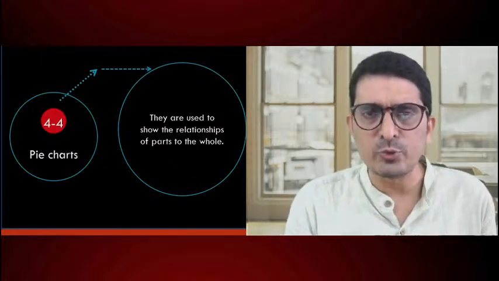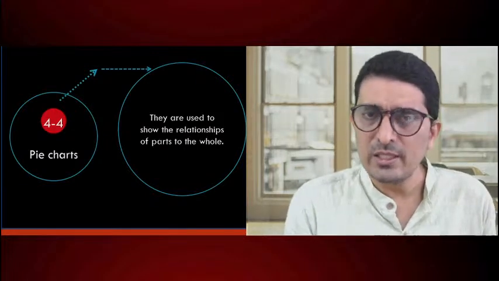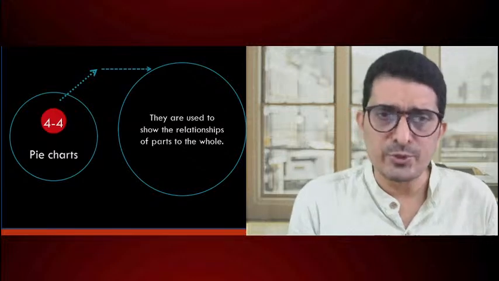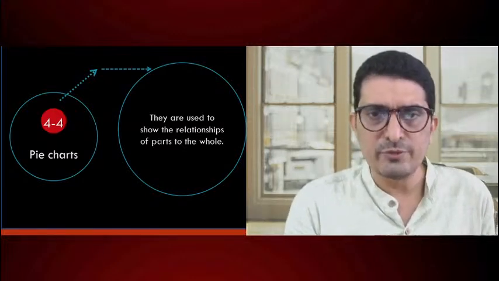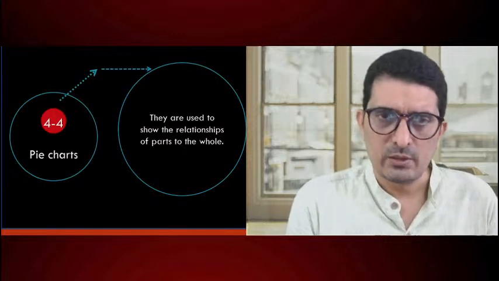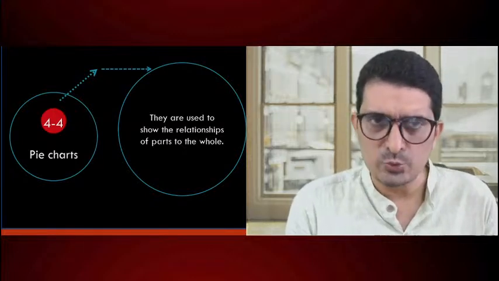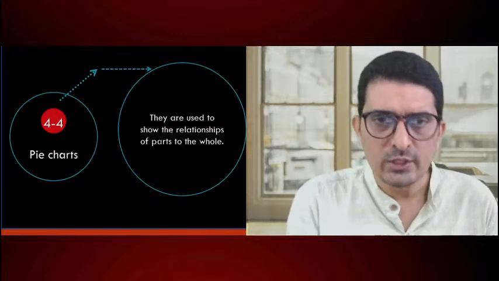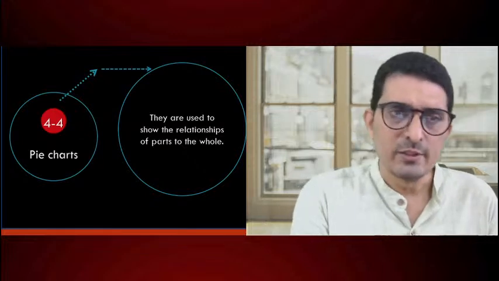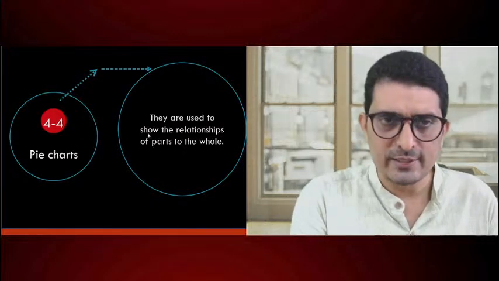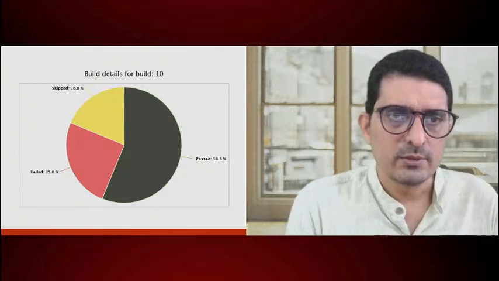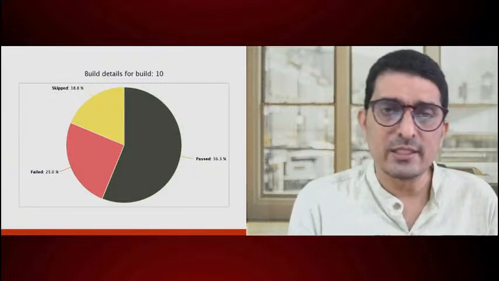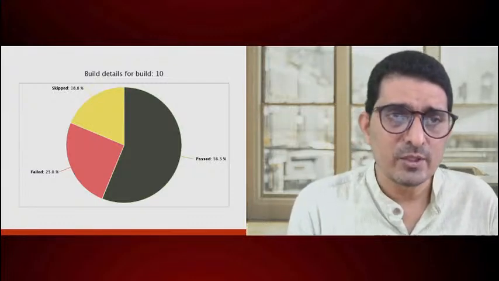For example, if you take a class of 50 students, then you can look at different groups, that means different parts of that classroom, and the relationship to the whole classroom by using pie charts. Here is an example. It's a chart of the examination.